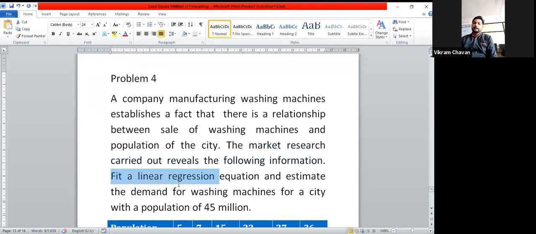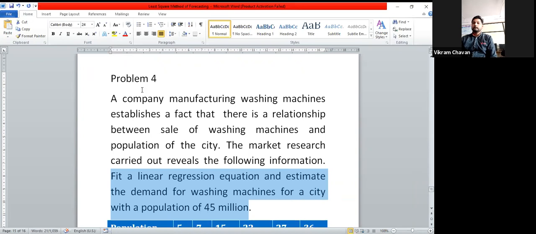Fit a linear regression equation and estimate demand for washing machines for a city with a population of 45 million.